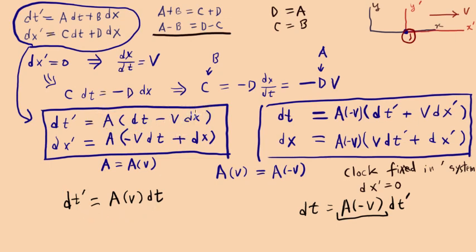In order to get this formula, you set dx equals 0. So if you do that, then that clock from the prime coordinate point of view is moving at negative v. So a(v) corresponds to a clock moving at negative v, and this corresponds to a clock moving at positive v.